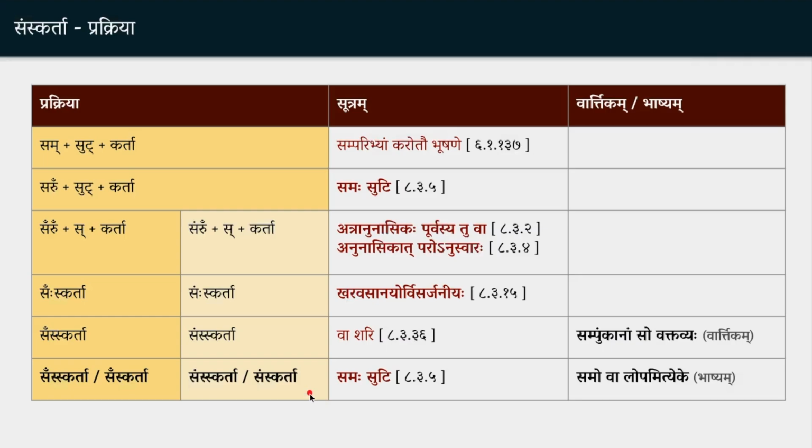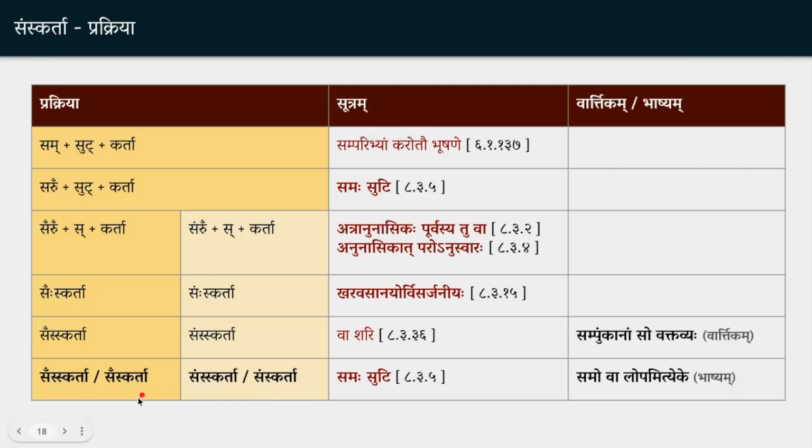Just out of curiosity, for those who are interested: there are more than 100 different forms you can get for Samskrita, or this particular samskarta itself. Not all of them are in use and not all of them are pronounceable. But these four are quite popular forms we generally see in usage, and this is enough for the Laghu Siddhanta Kaumudi level, but there are other forms as well.